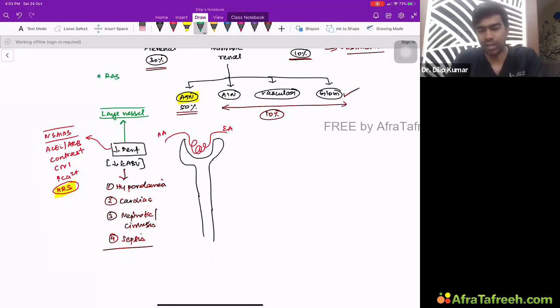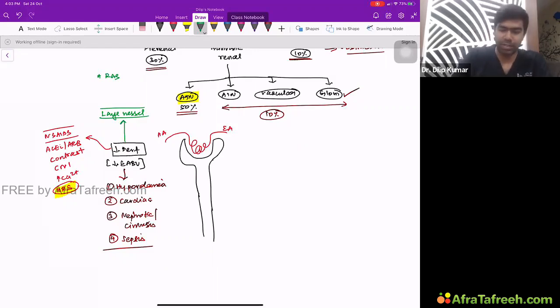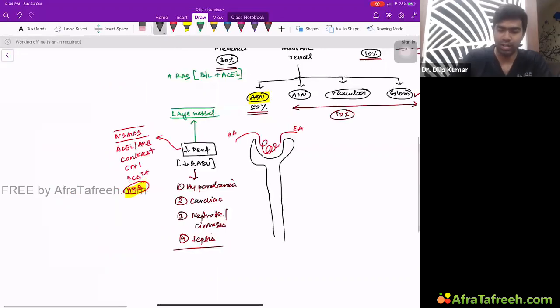Renal artery stenosis itself has many different causes, which we'll be discussing in the subsequent sessions. But you have two causes: atherosclerosis, which is common, and second is fibromuscular dysplasia. We know that. Renal artery stenosis especially leads to severe hypoperfusion when the patient has bilateral renal artery stenosis plus is using an ACE inhibitor. In this situation, they'll go for hypoperfusion. In unilateral renal artery stenosis, they generally don't go for hypoperfusion, as I told you already.